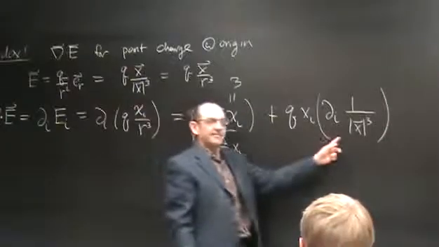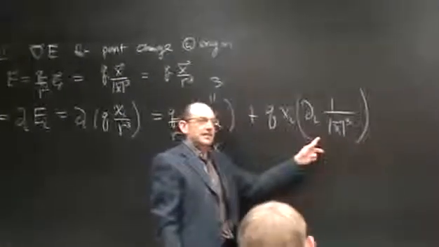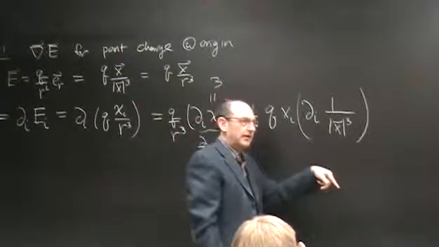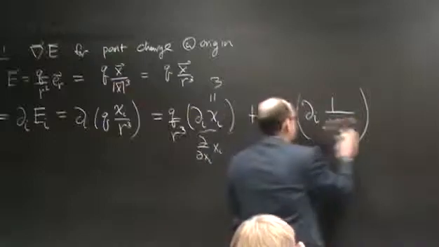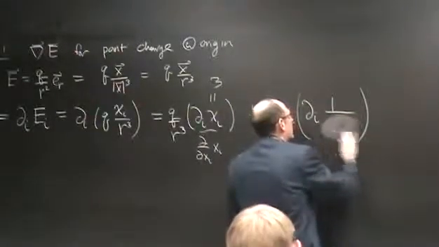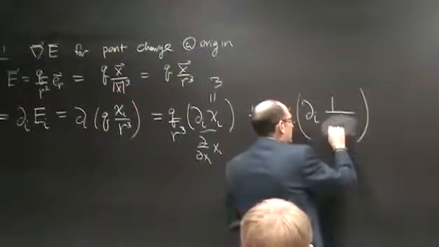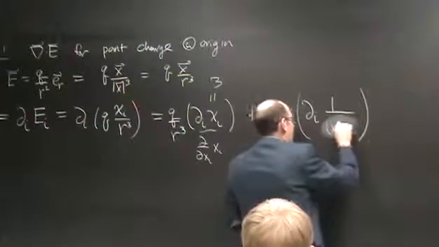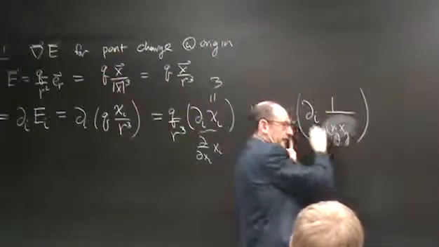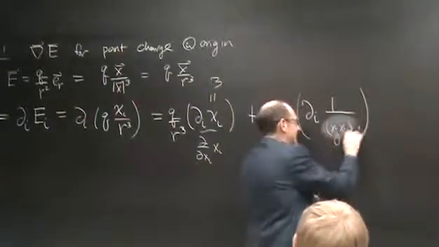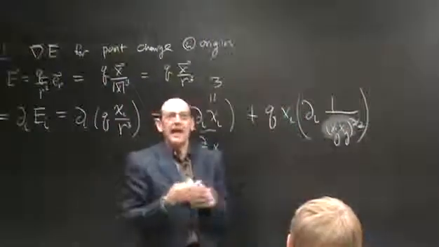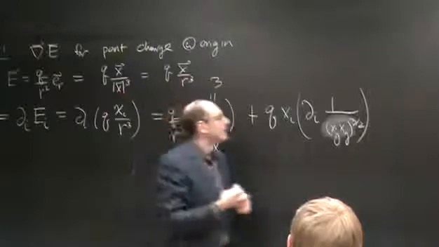What about this? Well, I have to take the derivative with respect to the ith component. So this is equal to the derivative of the magnitude of x cubed, which I should write with x j, since I already used i, to the 3 halves. That's the magnitude of x cubed.